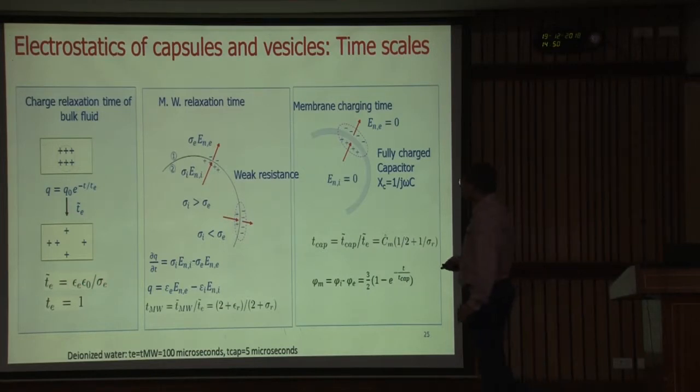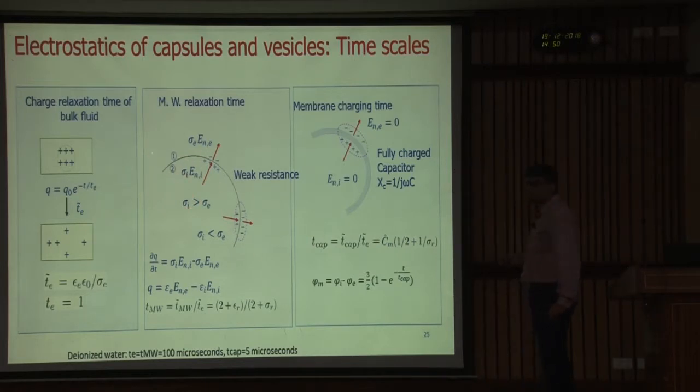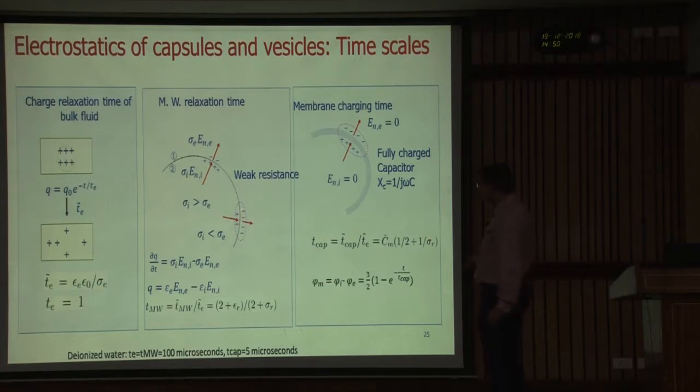Okay. Now, if you have an interface, on the other hand, there are charges which build up at the interface, and these charges build over what is called the Maxwell-Wagner relaxation time, which depends on the ratio of the permittivities of the two fluids and the conductivities of the two fluids.